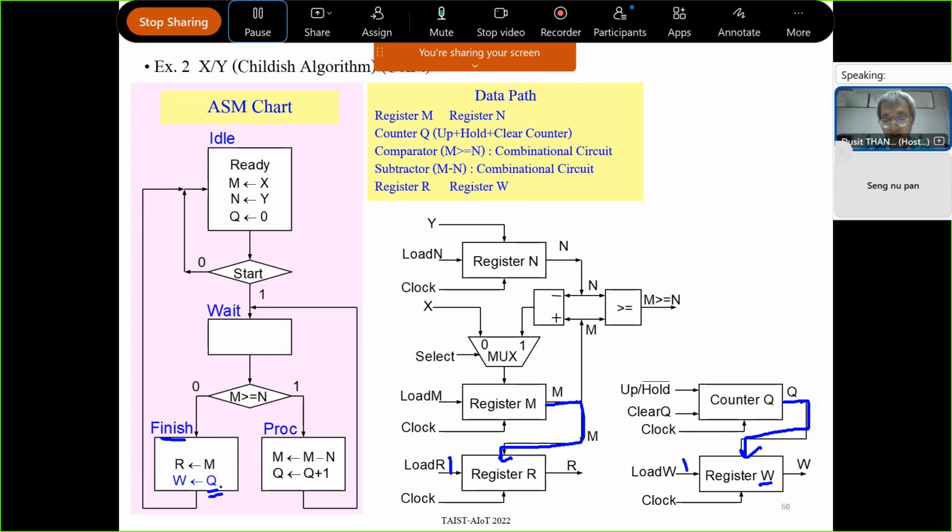When clock tick, register R will read data from M and register W will read data from counter Q. So this set of circuit is called the data path. You must design this path first.